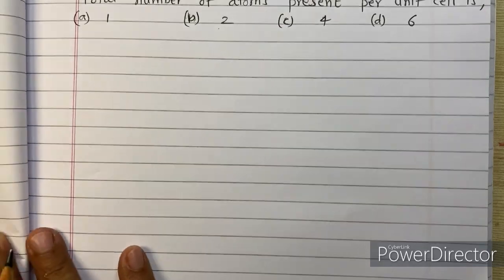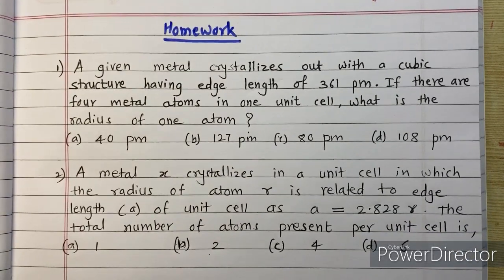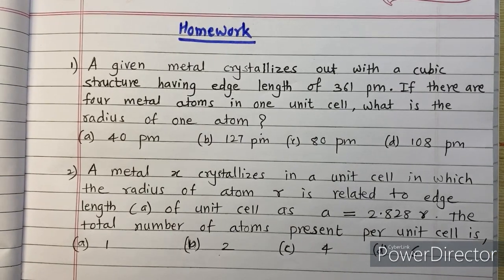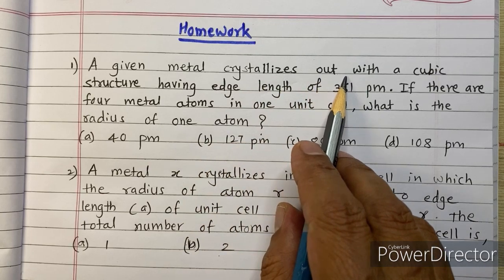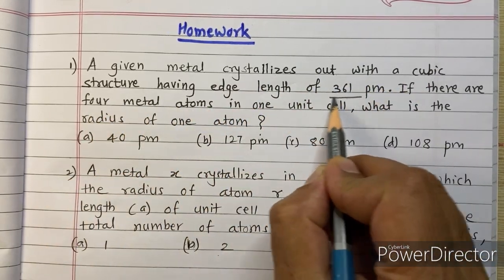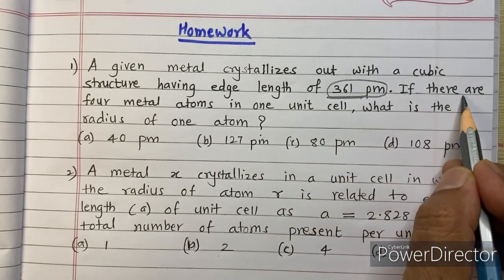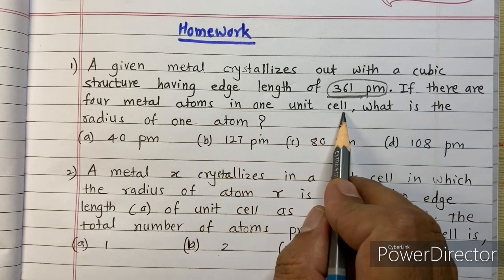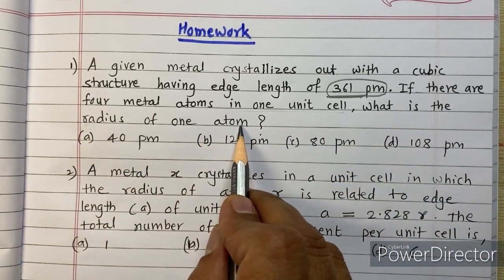Next, homework. See this homework. First MCQ, a given metal crystallizes out with the cubic structure having an edge length 361 picometer. Convert that into centimeter. If there are 4 metal atoms in one unit cell, that is it is FCC, what is the radius of one atom?